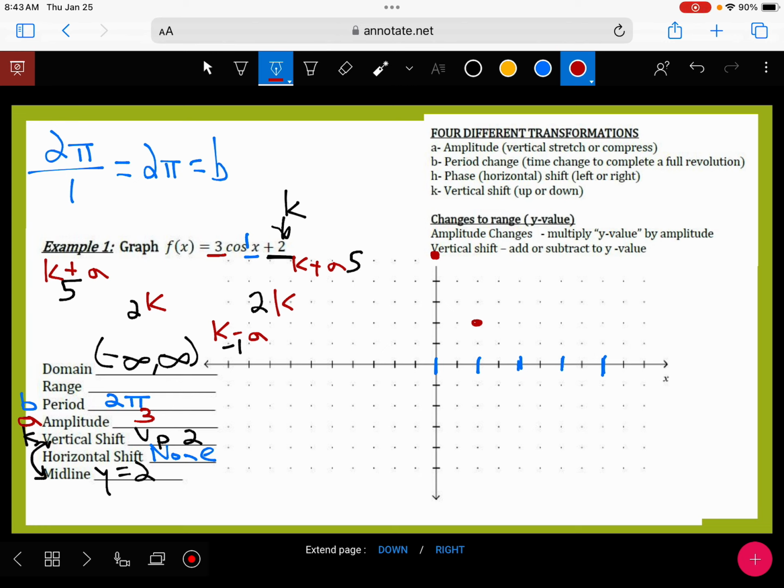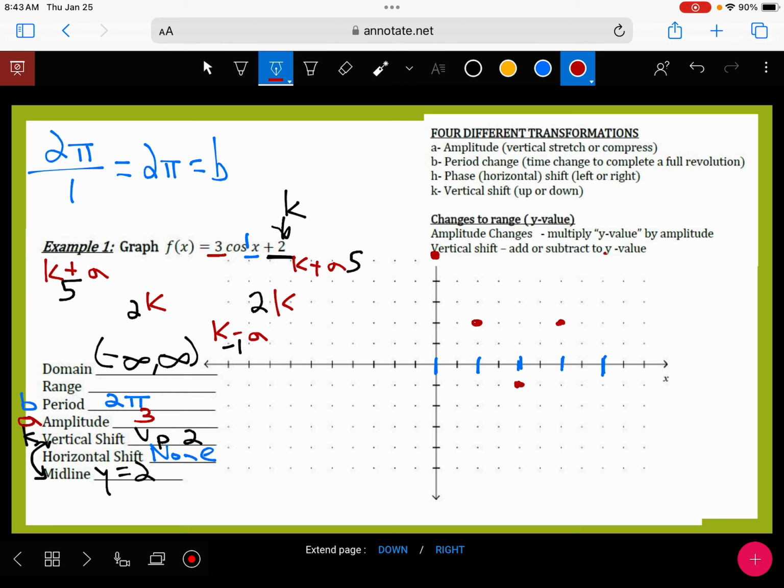And we're just going to keep graphing the points. The third point is going to be k minus a, which we said was negative 1. Thank you, I plotted negative 1 but then said positive 1. And then at 3 pi over 2, we return to the midline, we return to 2.